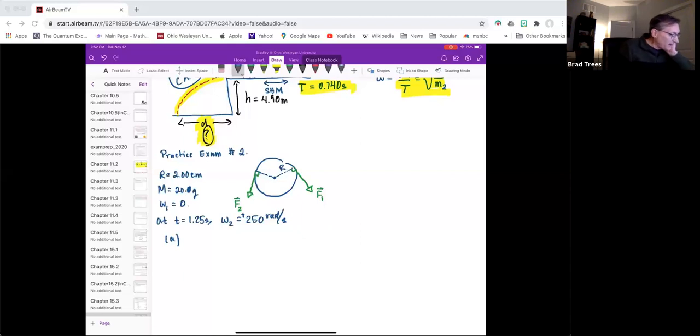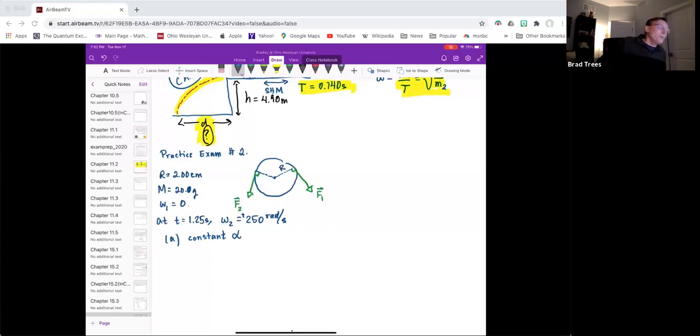A, calculate the constant angular acceleration alpha of the disk during this 1.25 second time interval. Well, the good news is we are told that the angular acceleration is constant, alpha.